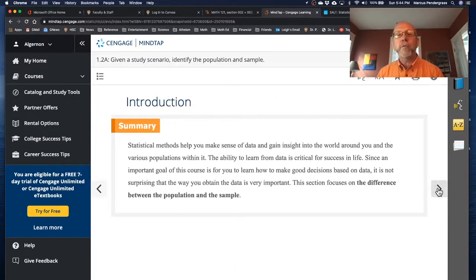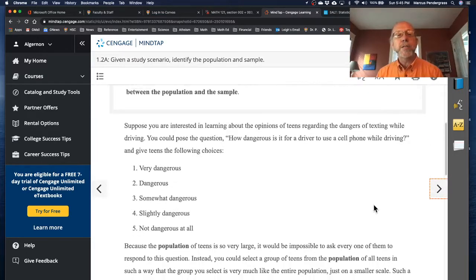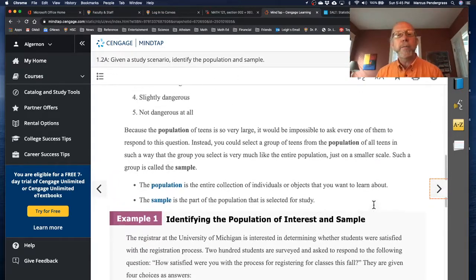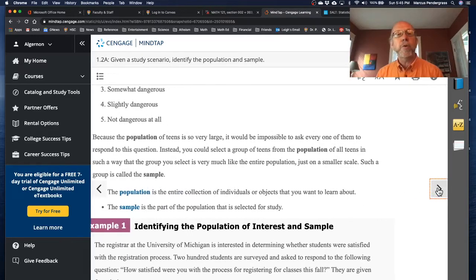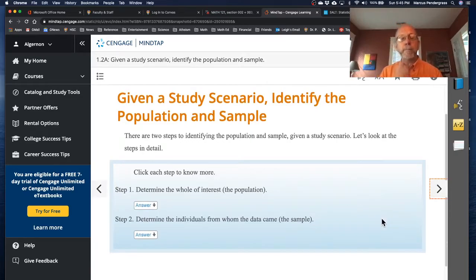First, a little introductory paragraph, and then a discussion of this distinction. And here you'll see much the same information as we just went over. Again, I'd ask you to read this. And then a couple of steps that you might consider when you're trying to determine what a population is in a given scenario or what the sample would be.